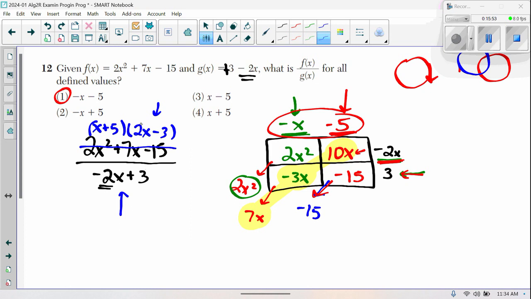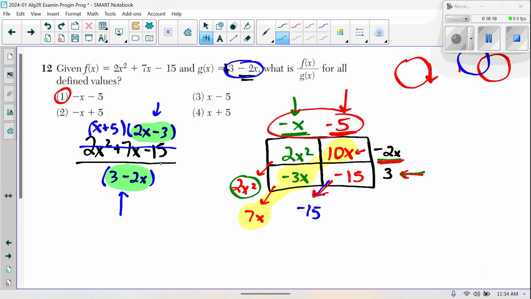Notice that the top and the bottom are the same, except they're flipped. What do I mean? We rewrote the bottom initially. Remember the bottom was 3 minus 2x? If I have two terms that are flipped around the minus sign, you see how the top is 2x minus 3, and the bottom, the 3 comes first, then the minus, then the 2x?